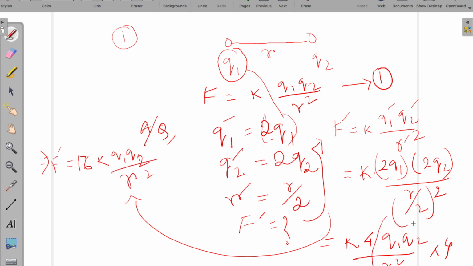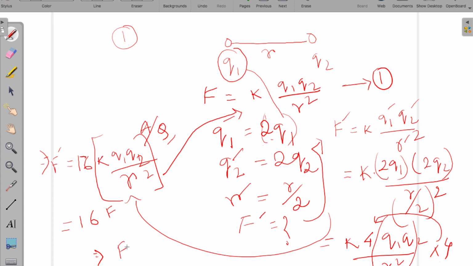The rest remains the same; I just multiplied 4 with 4 and wrote it in front. These values are similar to equation number 1, which is nothing but F. So F dash is equal to 16 times the original force. Clear?